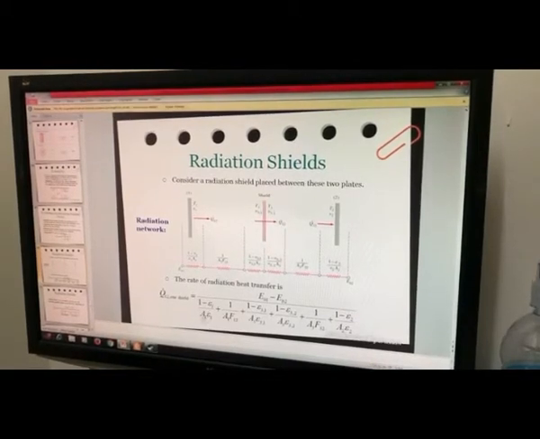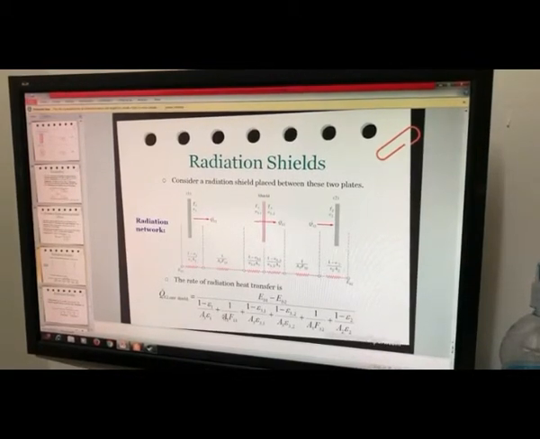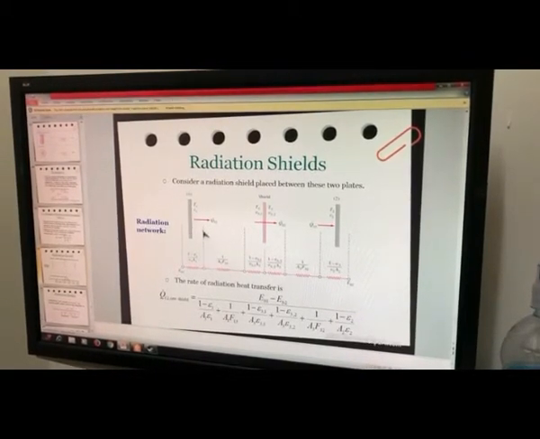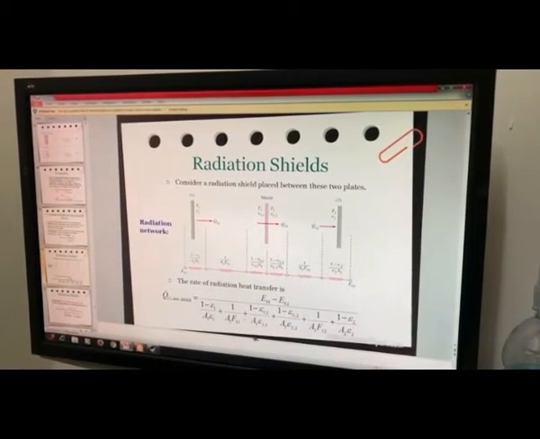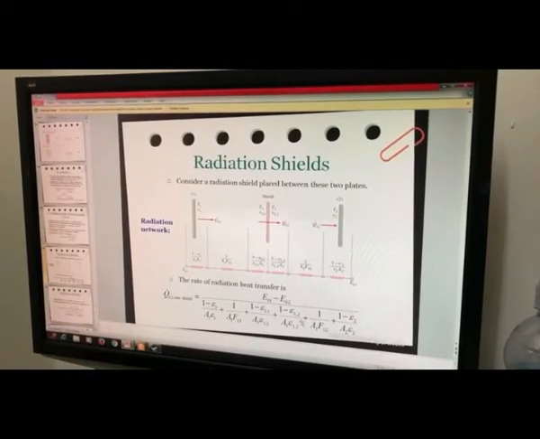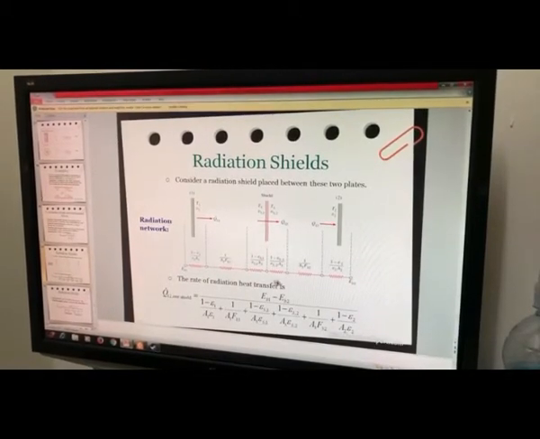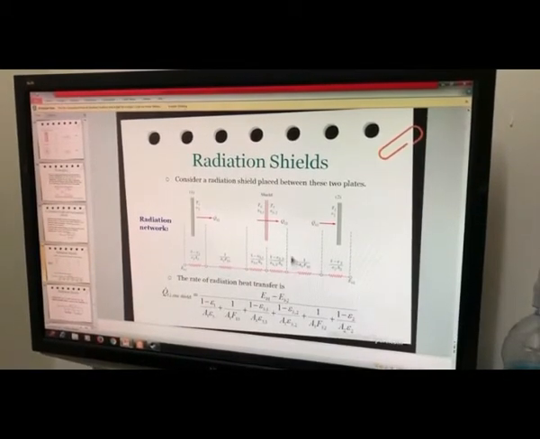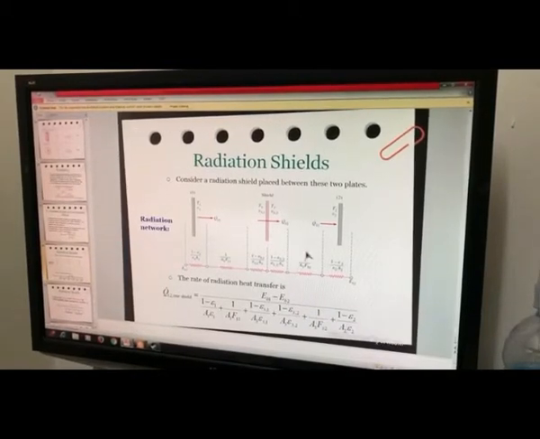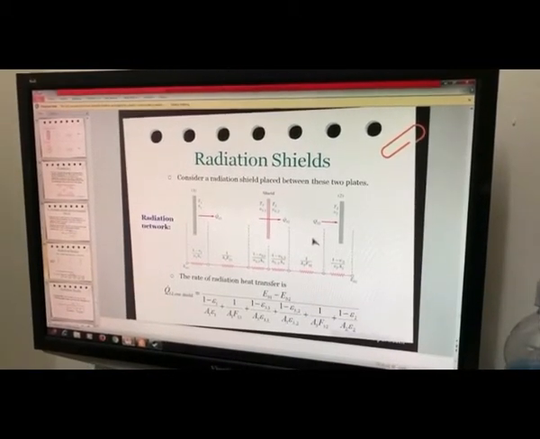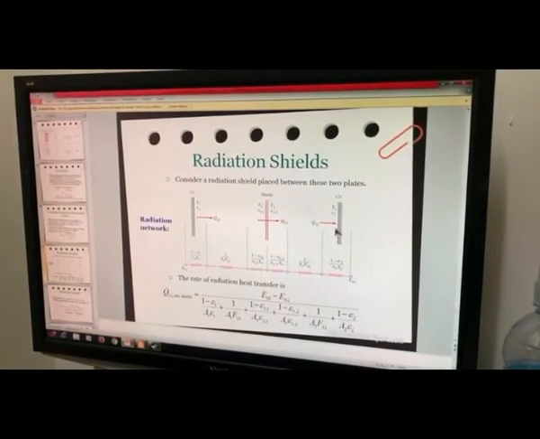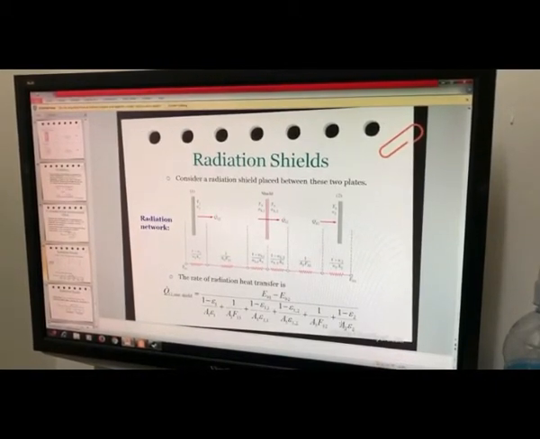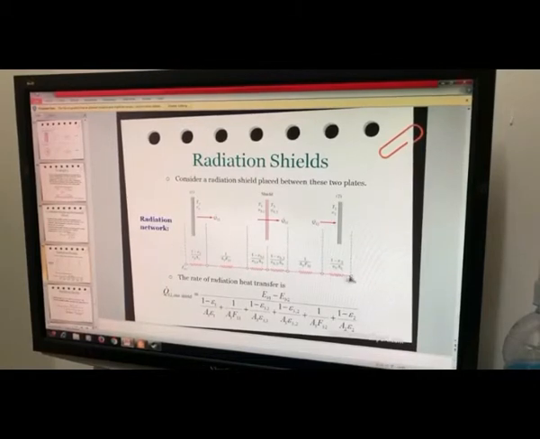This is the first layer here, and then here is the second one, the resistance between the first surface and the shield, and then these two are the surface resistances of the shield, which is here, and then the resistance of the distance between the shield and the second plate, and lastly the resistance of the second plate, which is the outer plate.